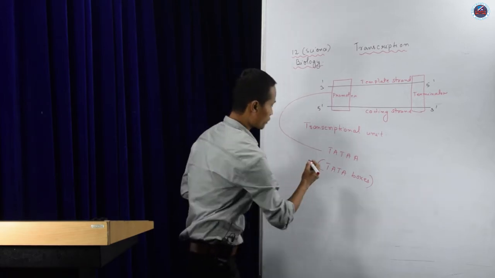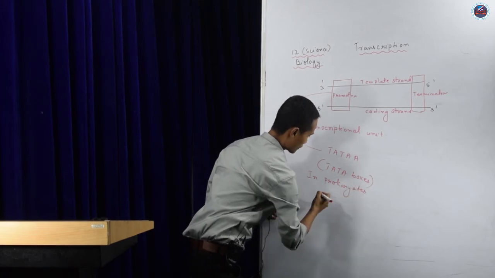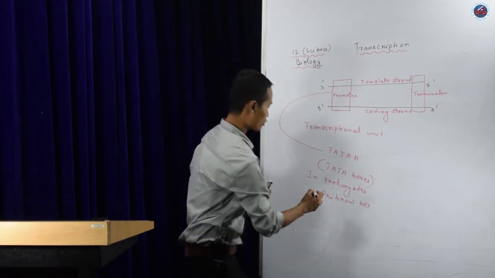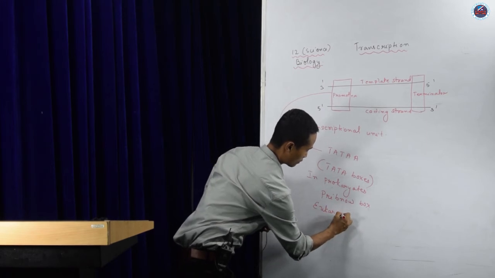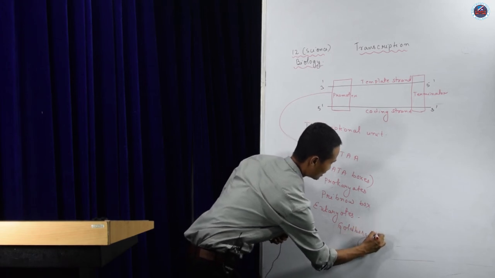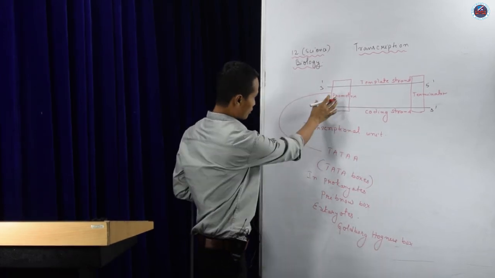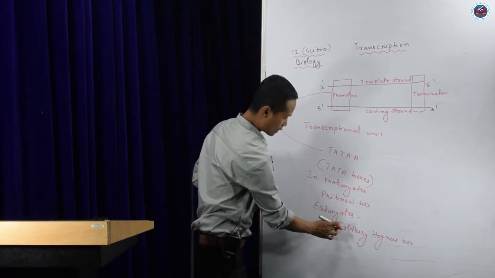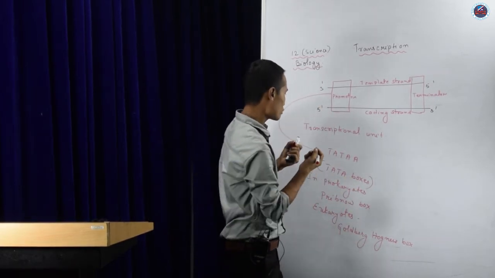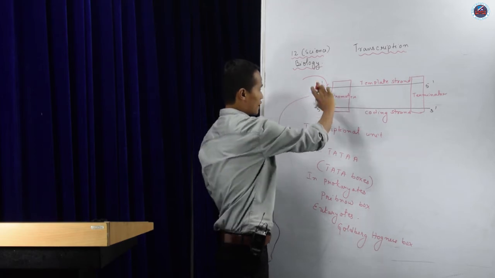In prokaryotes we call it the Pribnow box, and in eukaryotes we call it the Goldberg-Hogness box. Likewise, there are 2 types of streams named.